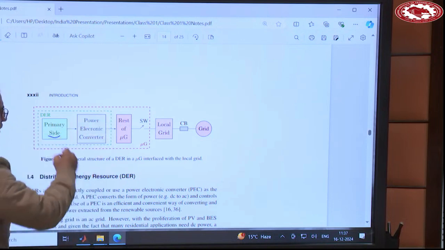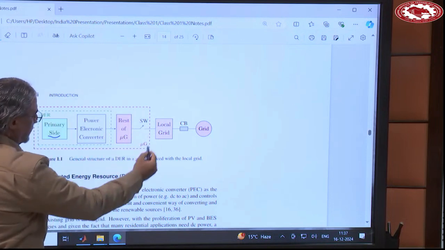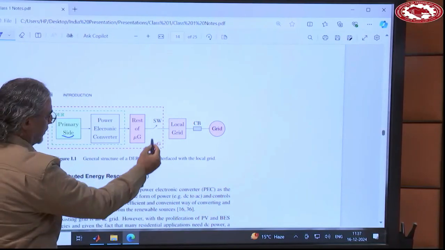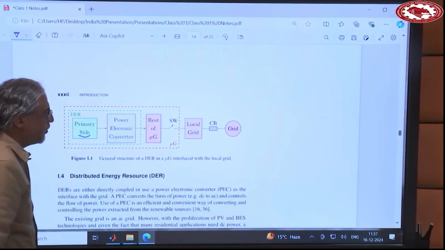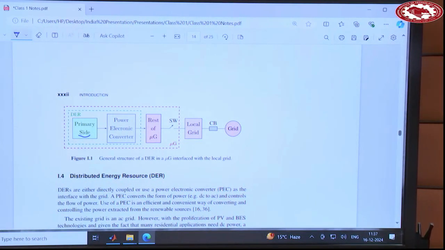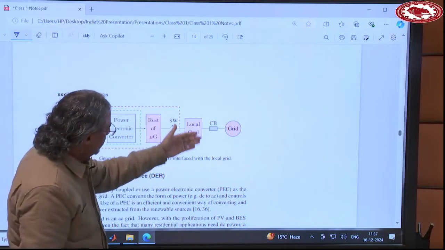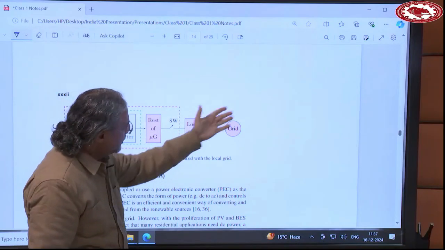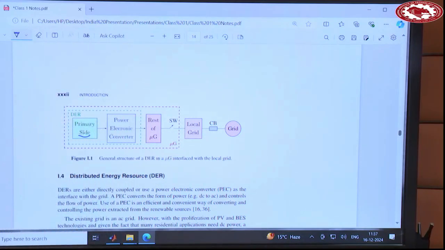Let's say all of them together constitute a microgrid for us, which is connected to the grid at this point. This is a local area grid, and then another switch here connects to the larger power grid.